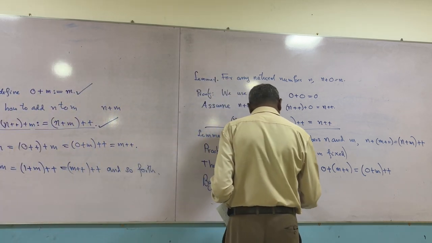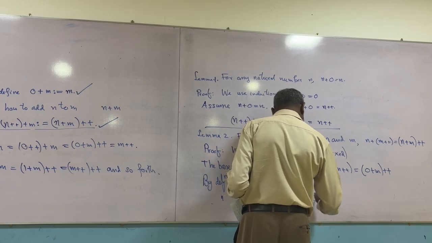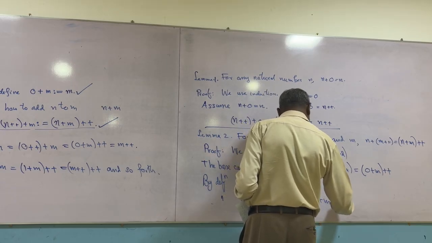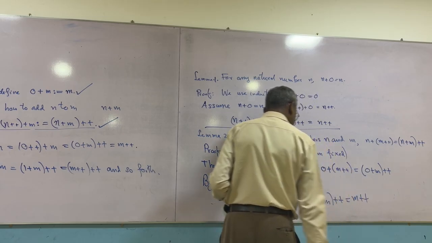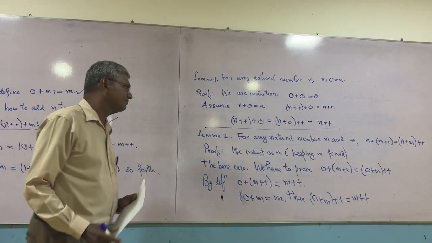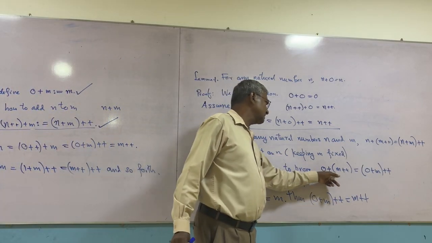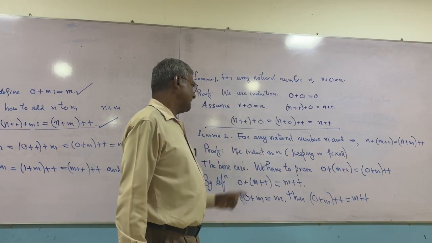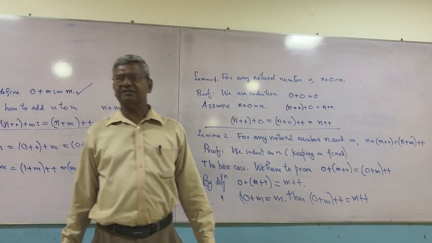Thus 0 plus m plus plus is equal to m plus plus. So we have shown that 0 plus m plus plus and 0 plus m plus plus both are equal to m plus plus.